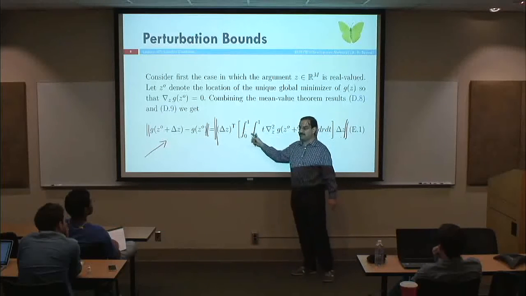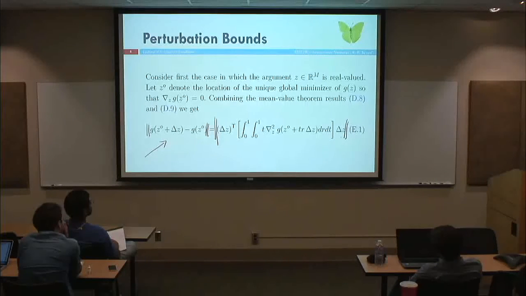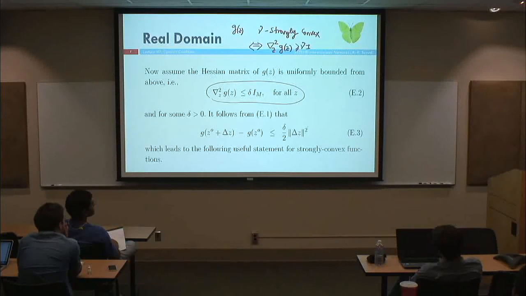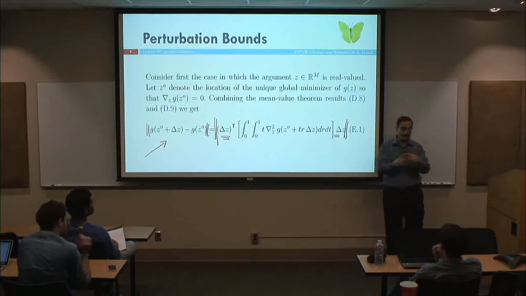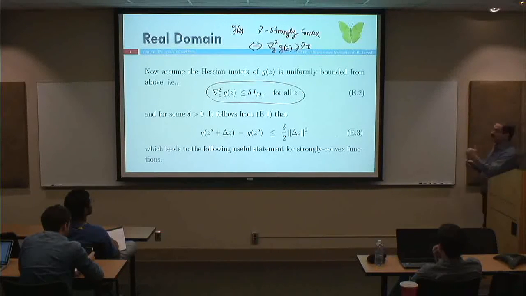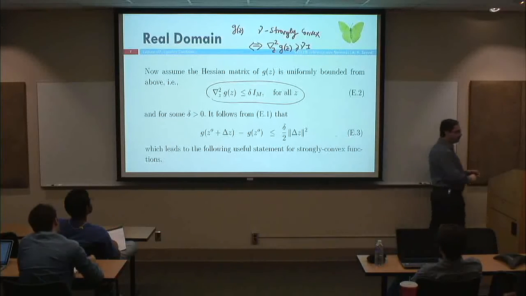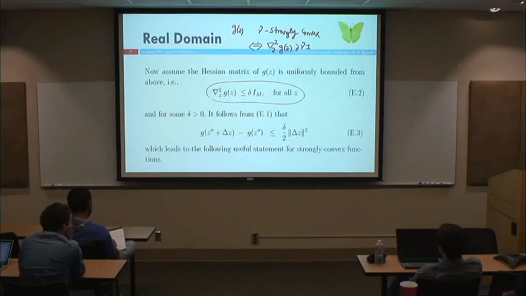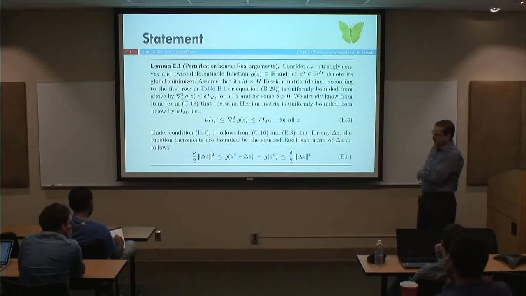So you end up with t squared over 2 between 0 and 1. That's 1/2. And remember, you have a delta z here and a delta z there. This inner product becomes the norm of delta z squared. So this is very immediate to get: because the Hessian matrix is bounded from above, we are going to get this statement here.